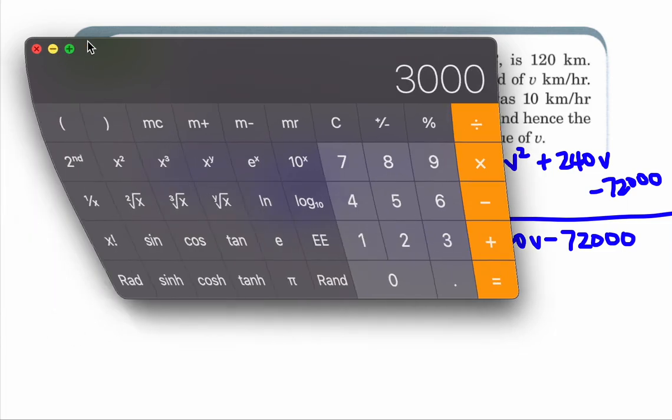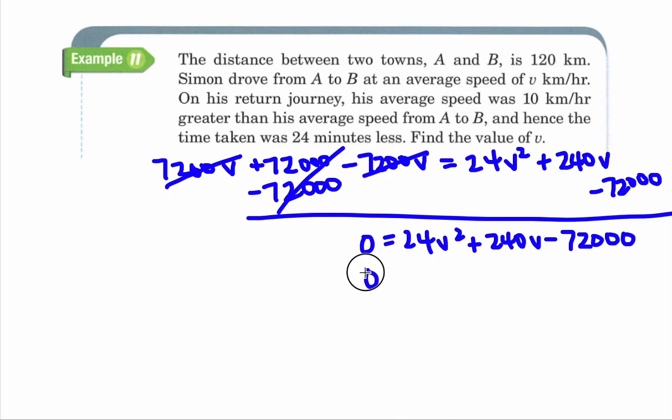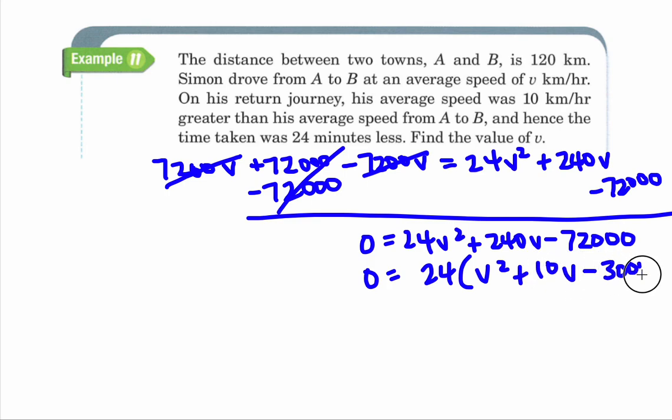Yes, 3,000. Okay, so I end up with 0 equals 24 times V squared plus 10V minus 3,000. Ugh, I still don't like that 3,000, but I don't have a coefficient that's greater than 1 in front of my first term, so that's good.